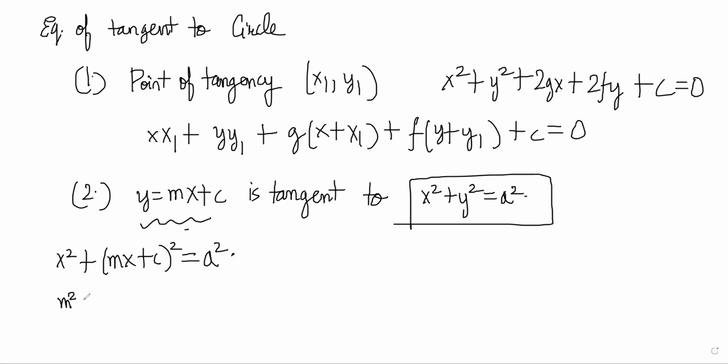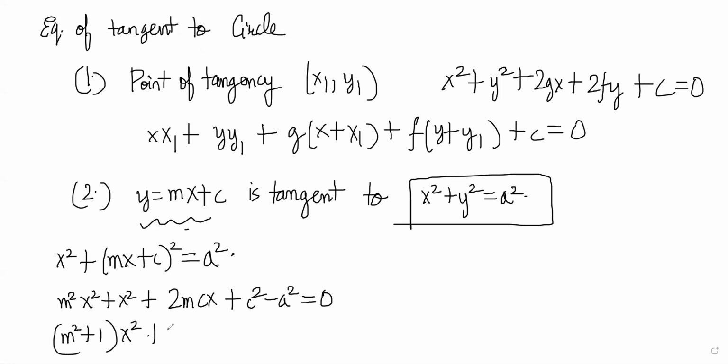You have m square x square plus x square plus 2mcx plus c square minus a square is equal to 0. So you have (m square plus 1) x square plus 2mcx plus c square minus a square is equal to 0.